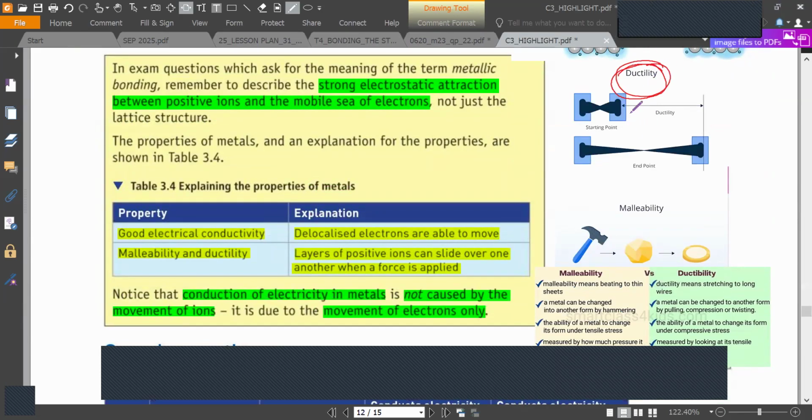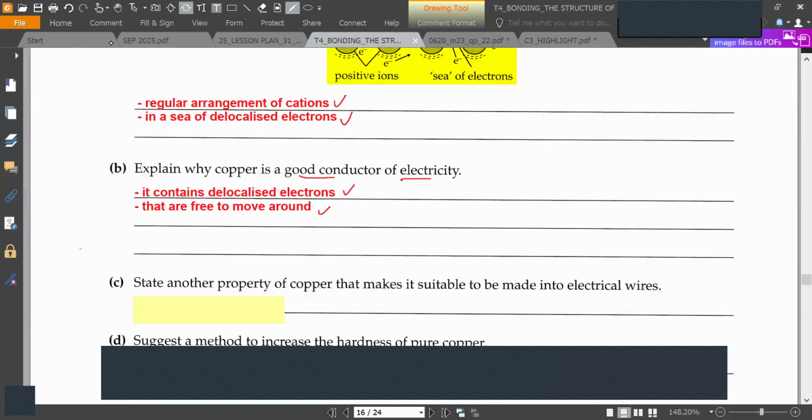We must be able to make it into the shape of a wire. So this ductility characteristic is important. Our answer: it is ductile and can be drawn into wires.